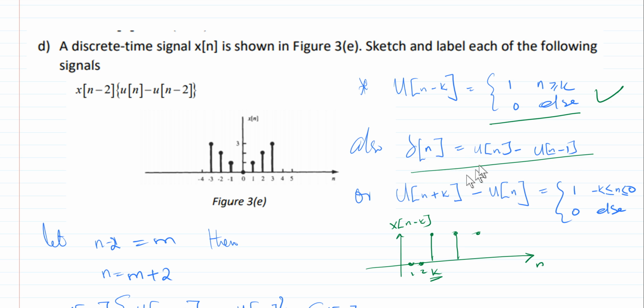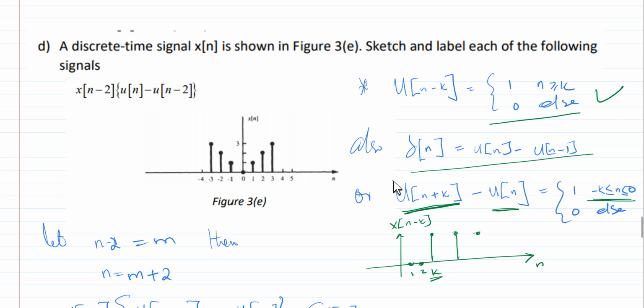What we actually need to remember is that we can also have this, whereby an advanced unit step minus the unit step will give you a value in the range of minus k less than or equal to n, where n is less than 0. This is the other condition that we remember, and we can always figure that out. But for now, that is beyond the subject of the study.